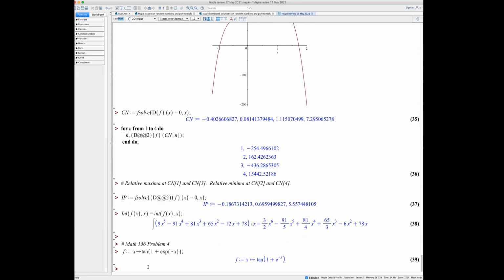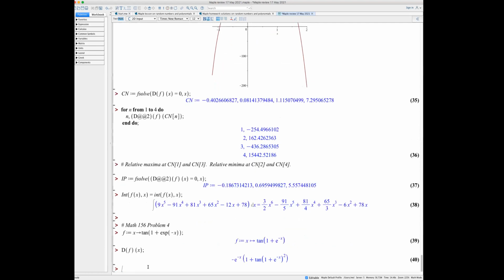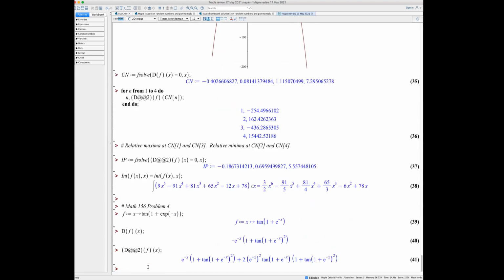So I can do it step by step. First of all, the first derivative is the derivative of f. That's it. The second derivative is that. And the third derivative.